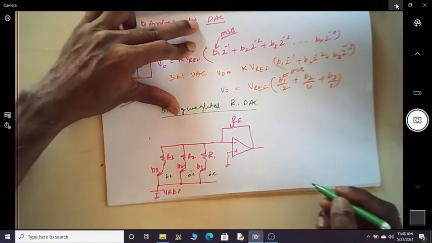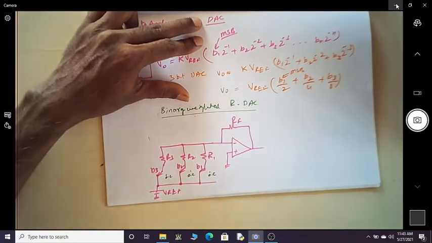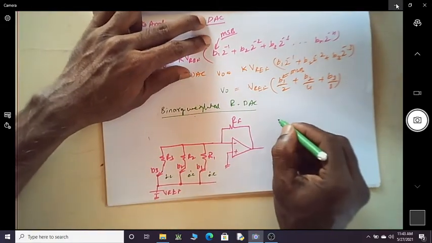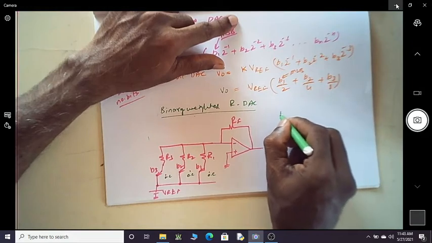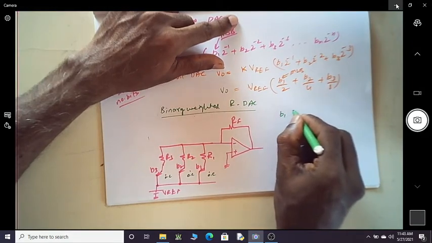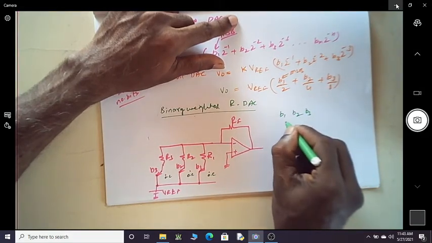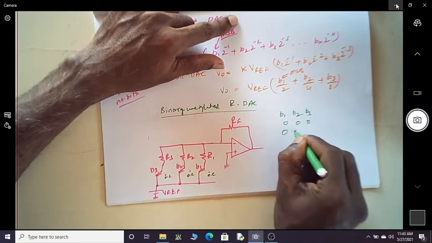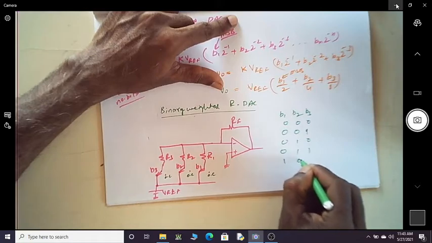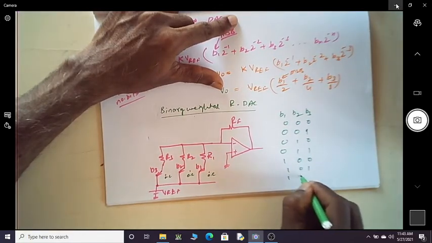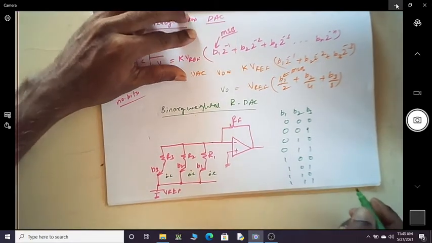So we know that since it is a 3-bit DAC, it can have 8 different possible combinations. So we can have V1, V2, V3 as 0, 0, 0; 0, 0, 1; 0, 1, 0; 0, 1, 1; 1, 0, 0; 1, 0, 1; 1, 1, 0; and 1, 1, 1.